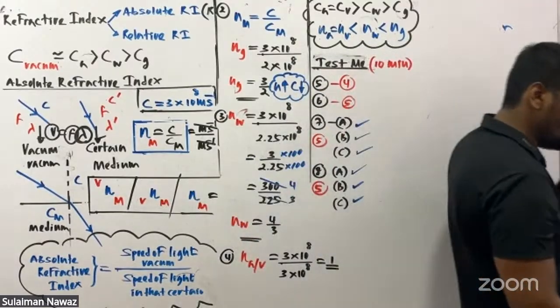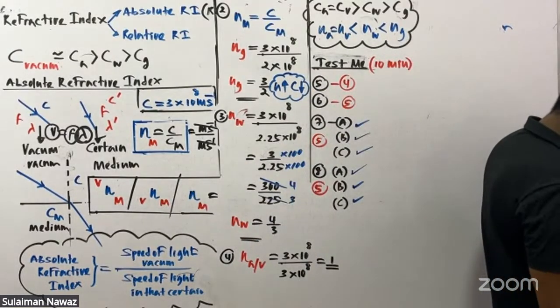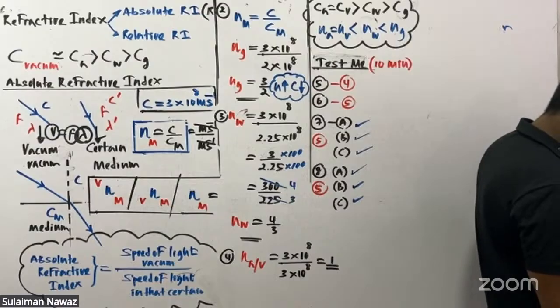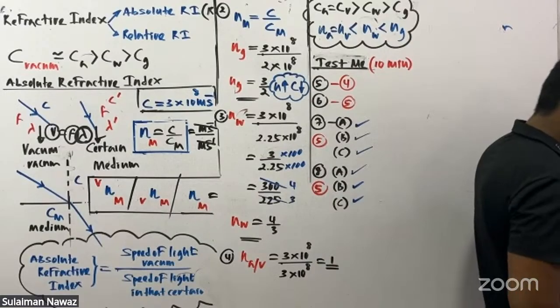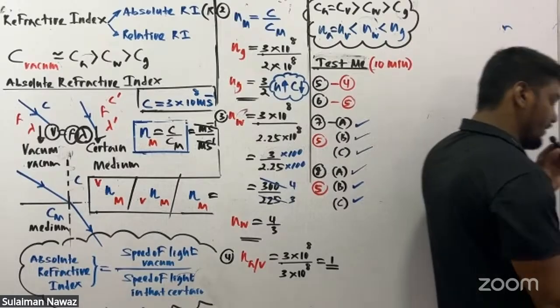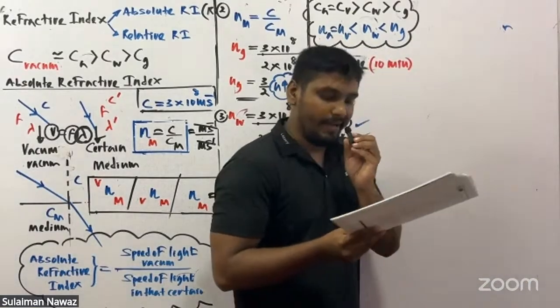Write down the next story, the relative refractive index, next slide, page number 9.